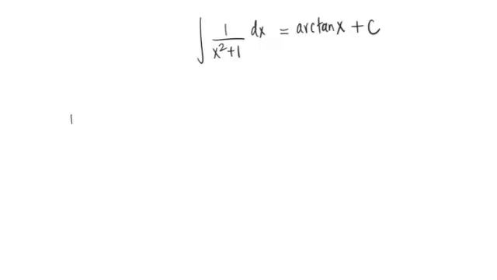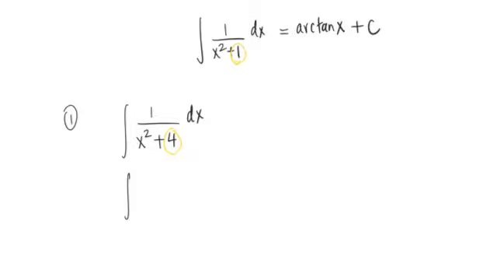So let's see an example that would be kind of the simpler case would be something like this, where you have 1 over x squared plus 4 dx, right? So we see that we have a 4 here and not a 1. So to deal with that, we would just divide by that 4. And we would say this integral is the same as divide the top and bottom by 4.